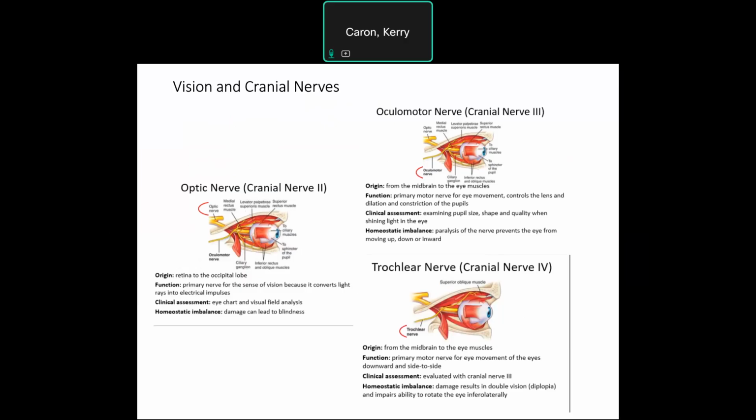Okay, so there's a few cranial nerves involved. The optic nerve, as we mentioned, coming off the eye. The oculomotor nerve, cranial nerve number 3, has to do with eye movement, controlling the lens and the pupil, constriction and dilation. And then the trochlear nerve, cranial nerve number 4, has to do with eyes moving down or side to side.